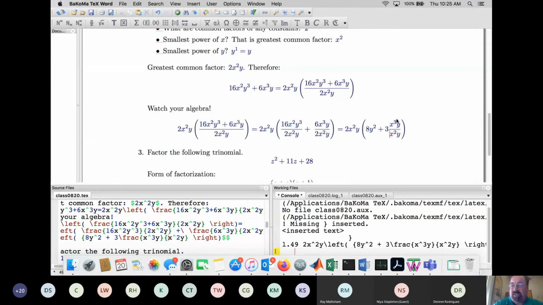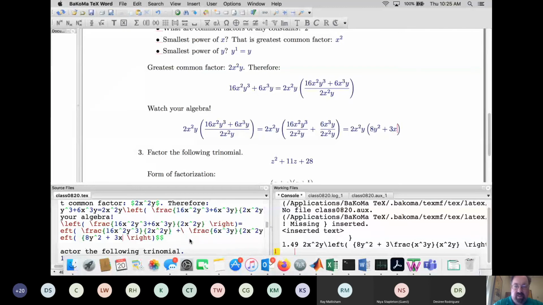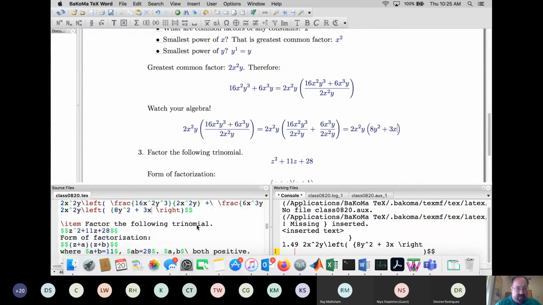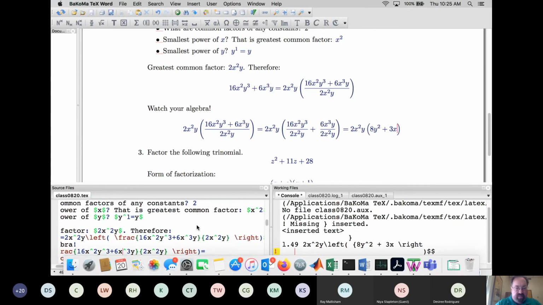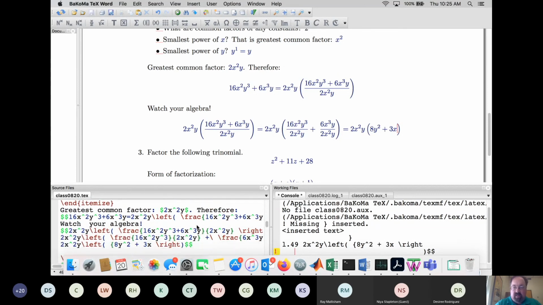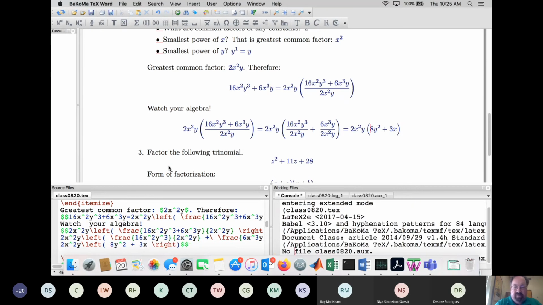Yeah, the y's cancel, and then what's left is x cubed over x squared, and that simplifies to just plain old x. And that's it. That is the factorization by factoring out whatever you can. Okay. All right, questions on that one?